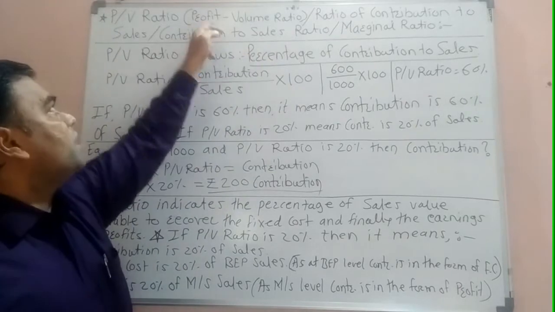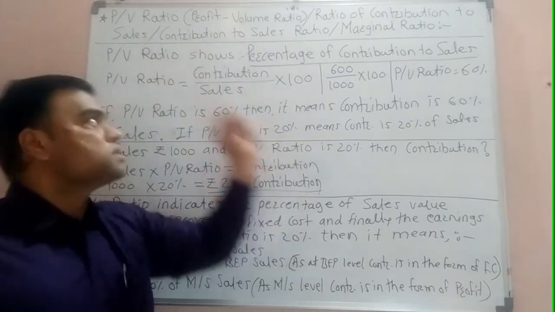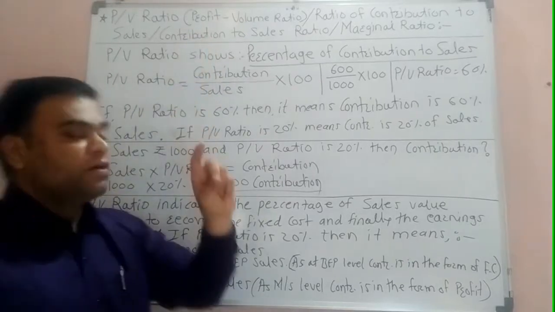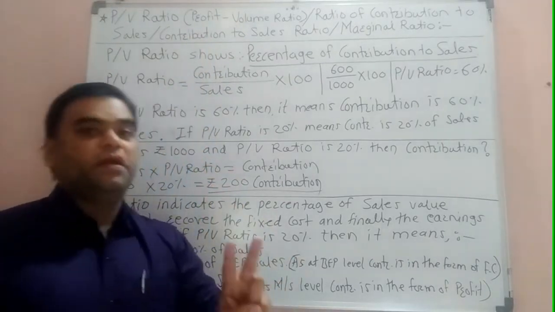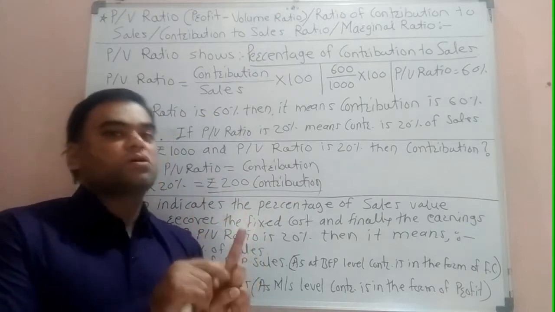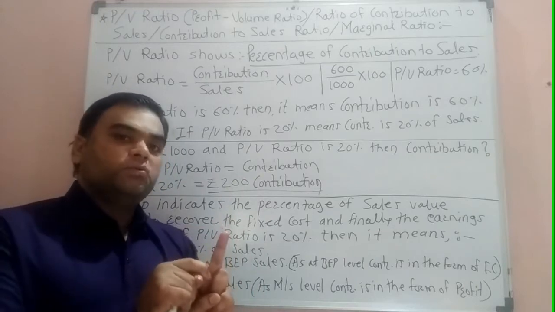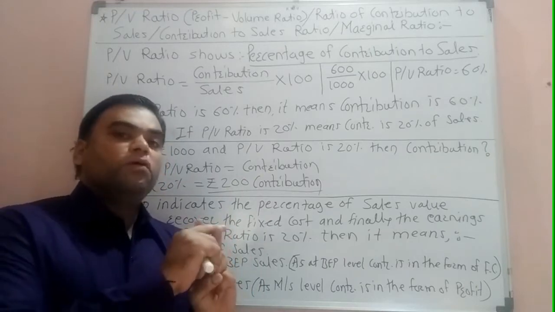So why is it called profit volume ratio or PV ratio? Because contribution includes fixed cost and profit, and contribution is utilized to recover the fixed cost. Once the complete fixed cost gets recovered, then all contribution takes the form of profit.